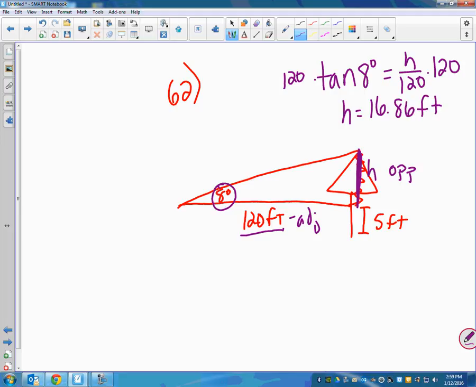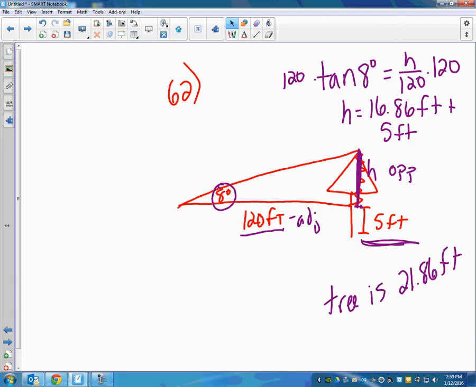But that's not how tall the tree is, because we have this 5 feet here that is the height of the telescope. So does it make sense that we'll just add that 5 feet to that and get that the tree is 21.86 feet? Okay?